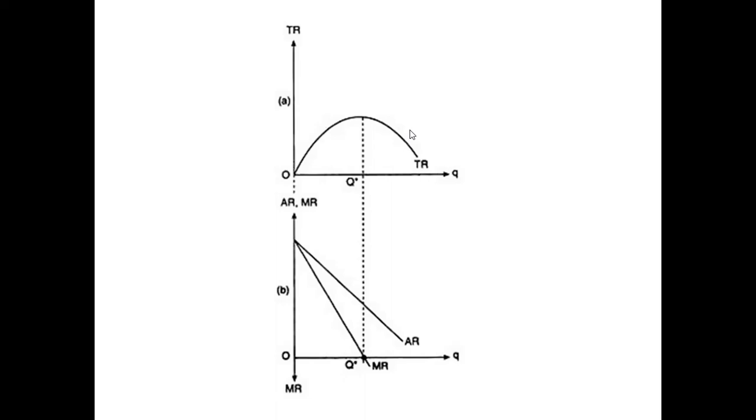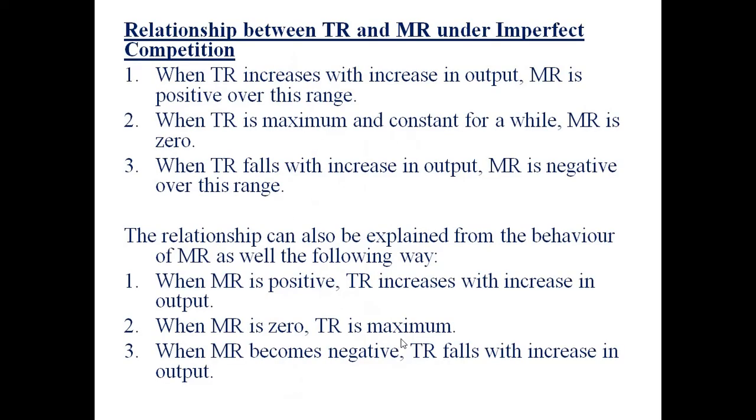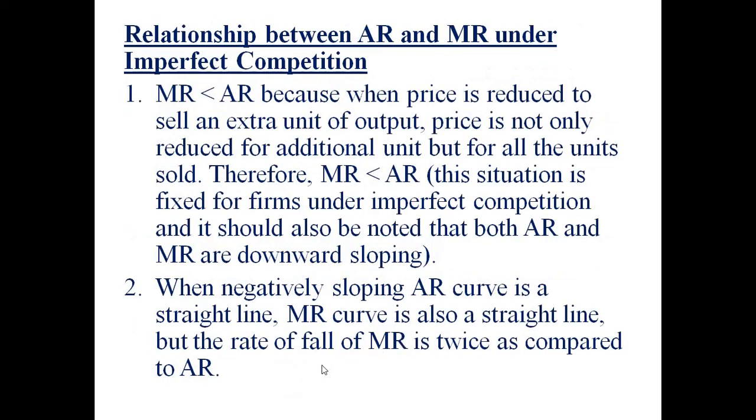But remember, MR can be 0 and negative, but AR can never be 0 and negative, because the average price or the revenue can never be 0 or negative. And as I already said, the falling rate of MR is twice as compared to AR.